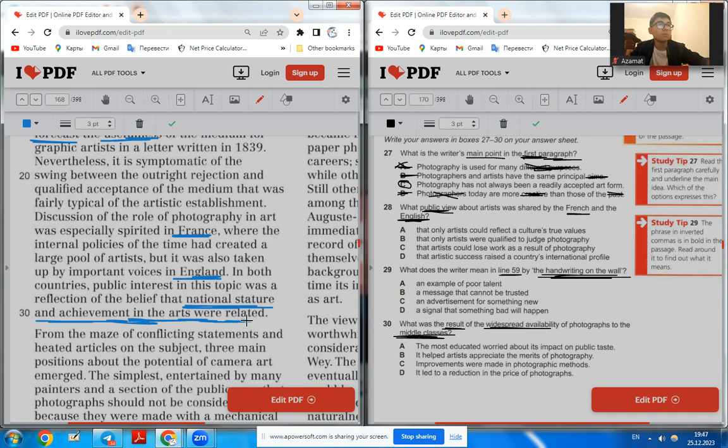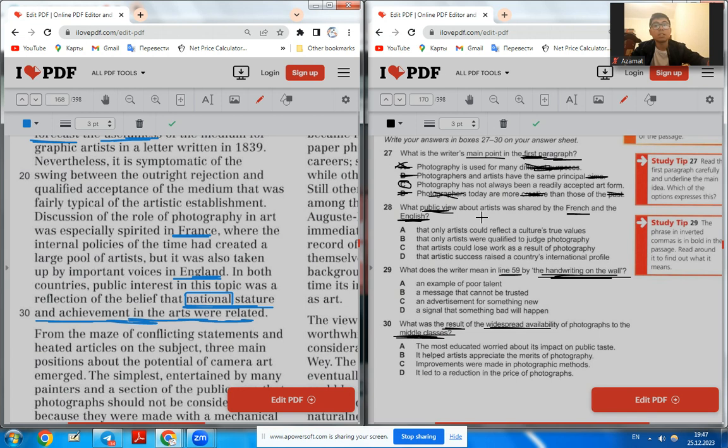So, like, success, like achievements, can increase the profile of a nation, right? Those achievements can improve the country's artistic values, maybe. So this is something like the public view, right? That was shared by the French and the English.